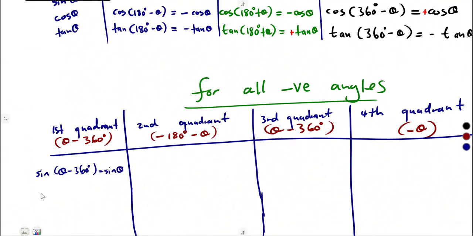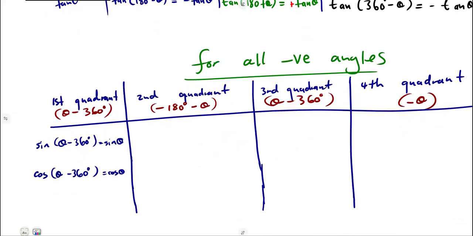That's reduction. Cos of theta minus 360 degrees, as we are in the first quadrant and all are positive, is going to be positive. Same thing for tan. So the tan of theta minus 360 degrees is also positive.